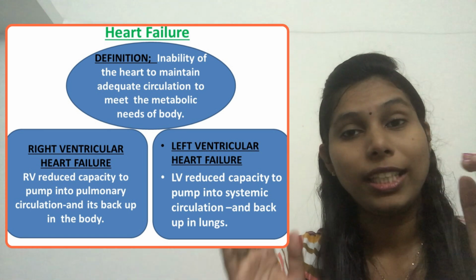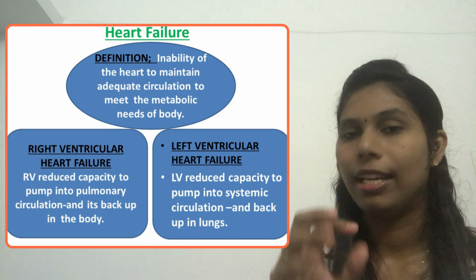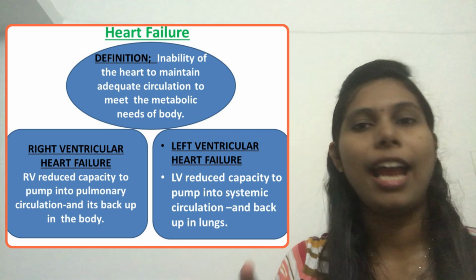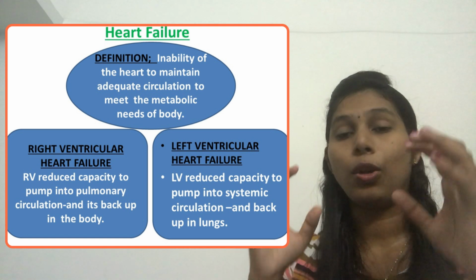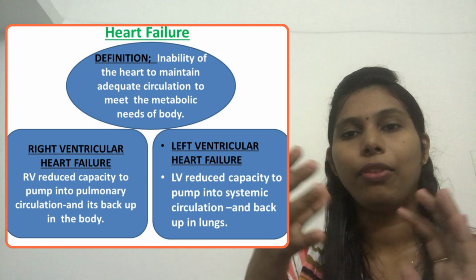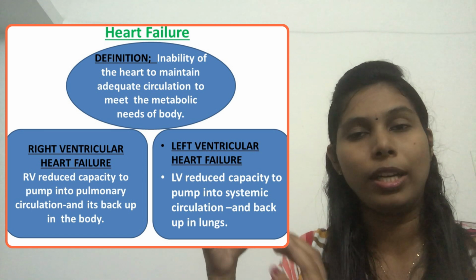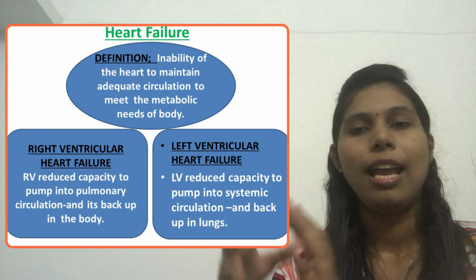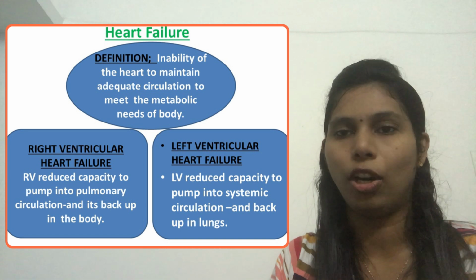Now we will see what are the types of heart failure. Mainly we have two types of heart failure: right ventricular heart failure and left ventricular heart failure. And also we will classify as chronic and acute heart failure. Acute heart failure, you know that it will occur within a short period of time. Maybe the client is already diagnosed with chronic heart failure and is very compliant with the medications and is at home.